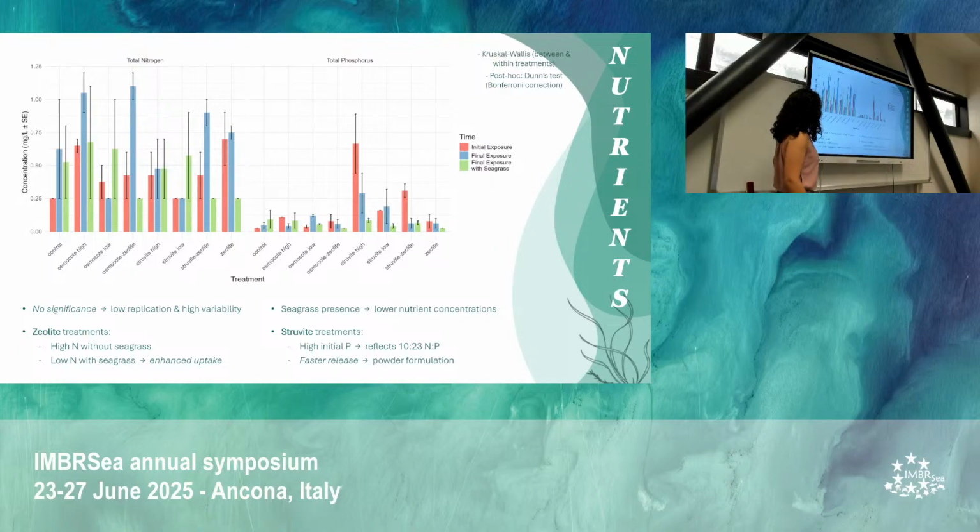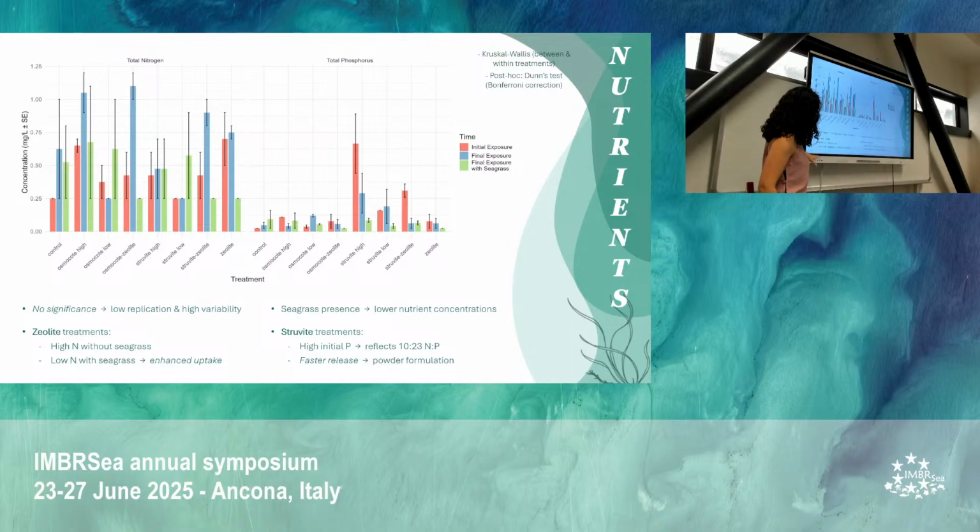However, this is probably due to the low replication and high variability, but we can still see some trends. For example, the zeolite treatments, so osmocote with zeolite, struvite with zeolite, and just zeolite, had a higher nitrogen content at the end of the experiment without seagrass present.